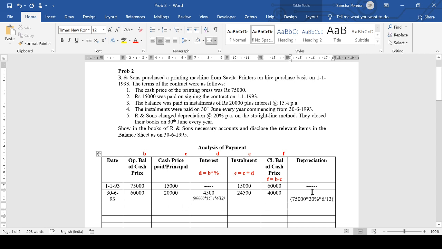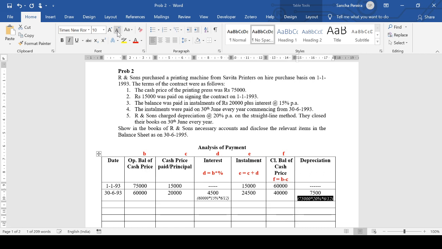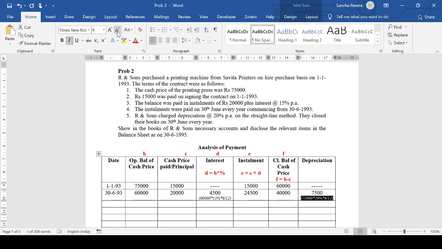So that's going to give you a figure of 7,500. Okay, so at this juncture, since we are on 30th June, we need to be a little careful because all the calculations happen for a period of 6 months. So you need to be a little careful. Fine. Now move on to the next one.